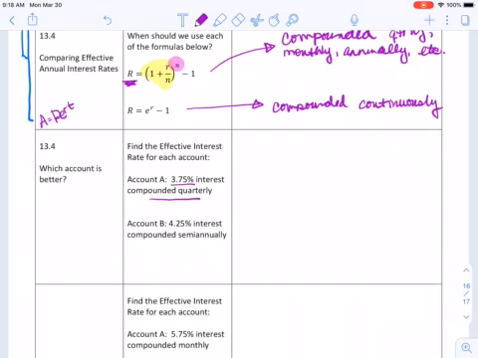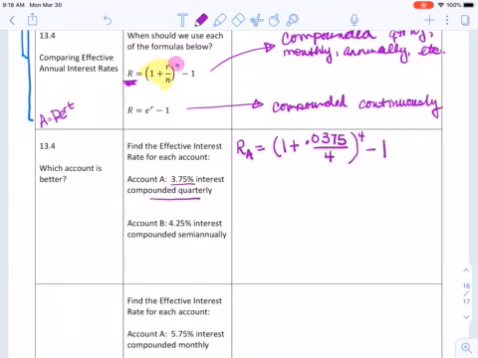Okay, so the rate for account A would be 1 plus 0.0375 over 4 to the 4th power. Again, why is the number 4? Because quarterly is 4 times per year, and take away 1.